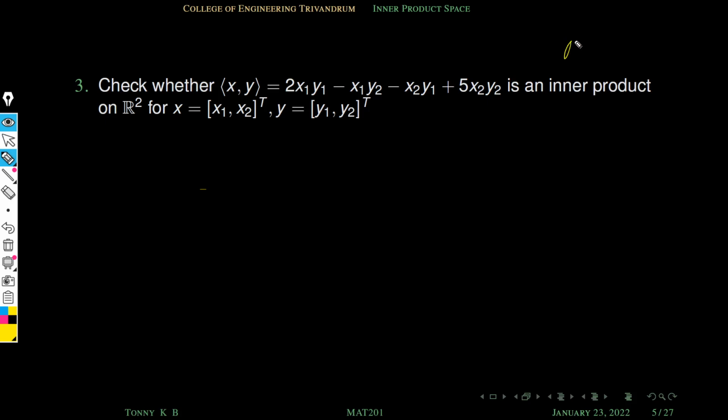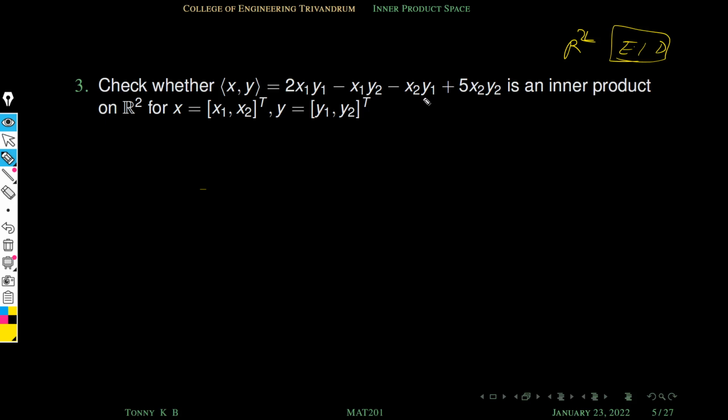Already we know that R2 has an inner product, the Euclidean inner product, which is well defined for all the Rn's, including R2. In this problem, we have to check whether this function defines an inner product. That means we have to verify the five conditions.